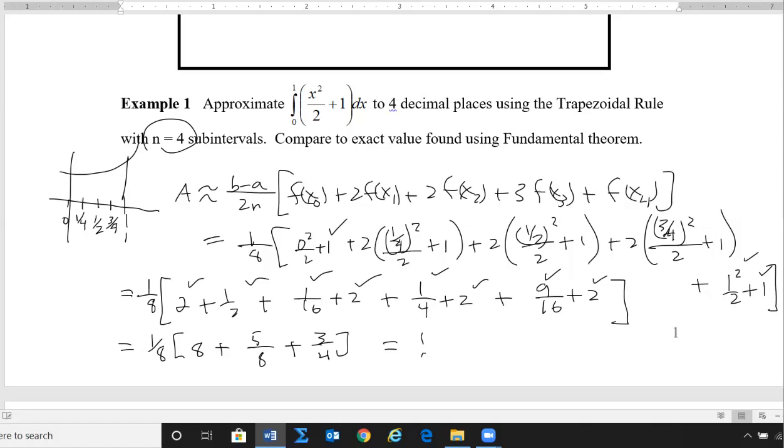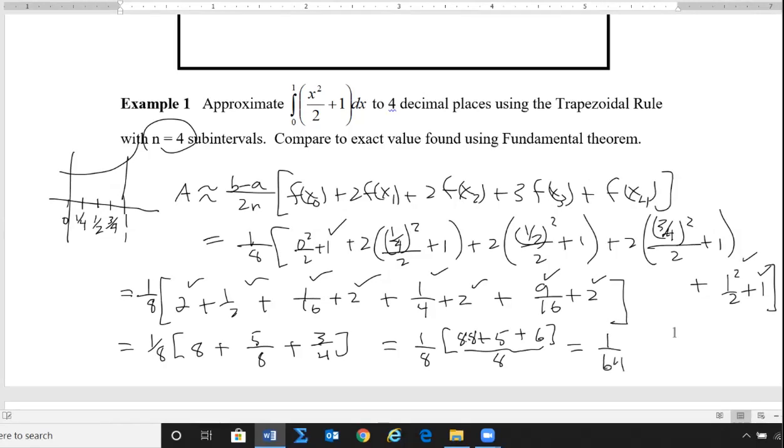Okay, so we have 1/8 times 8 times 8, let's say, plus a 5, plus 6 over 8, which is, let's see, 1 over 64 times 64 and 11, which is 75.